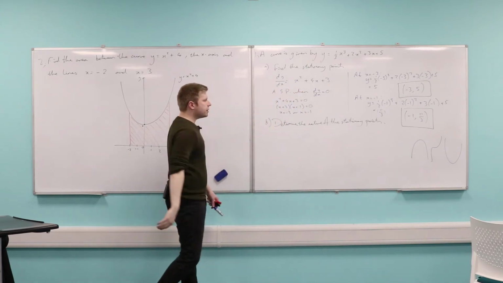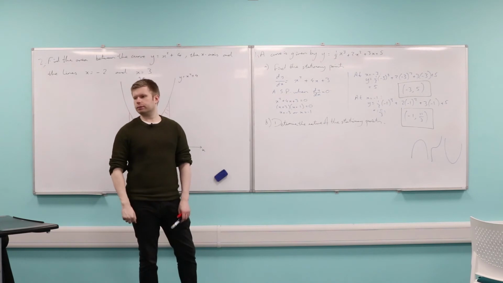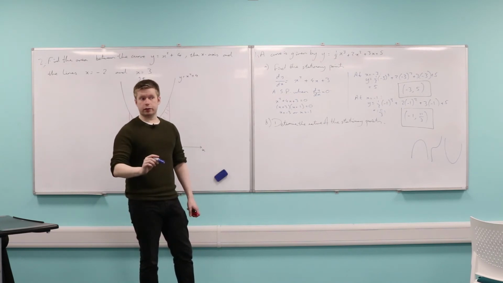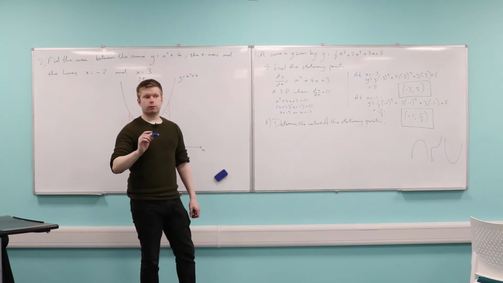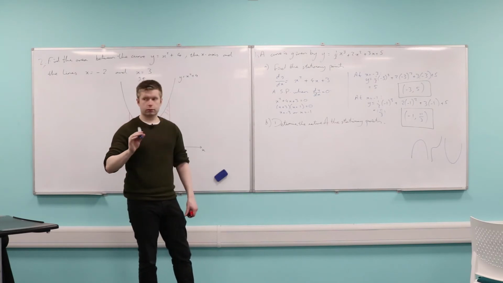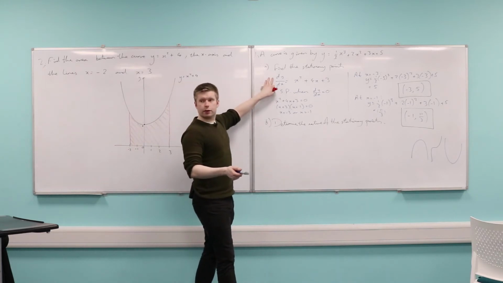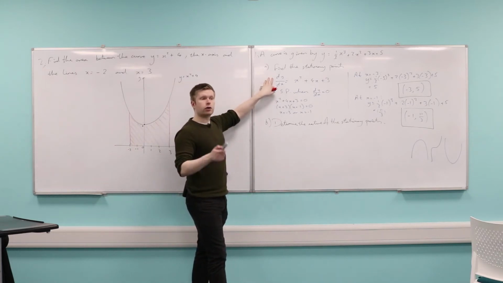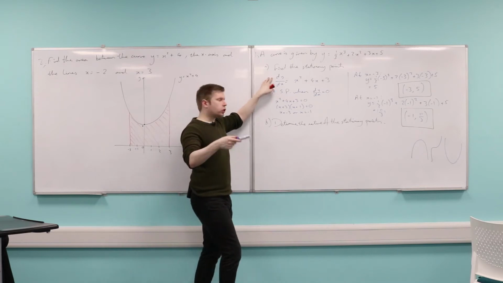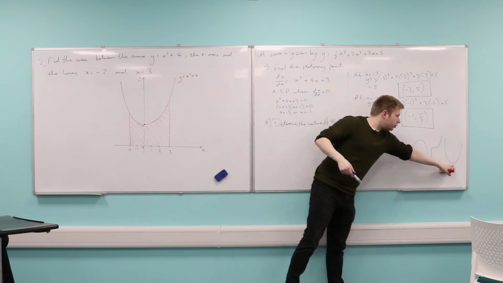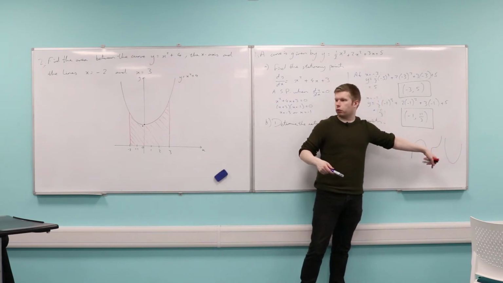So how do we determine the nature of the stationary points? We need to differentiate again, you remember? This thing gives us our gradient function, what we found in part A. But now what we're talking about is the function decreasing, increasing, or doing this thing where it's doing both, okay?